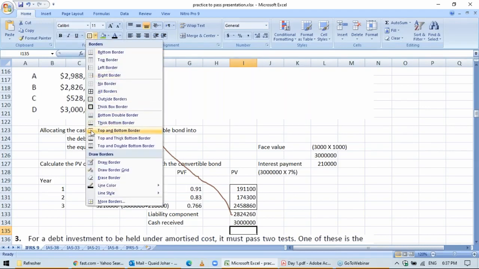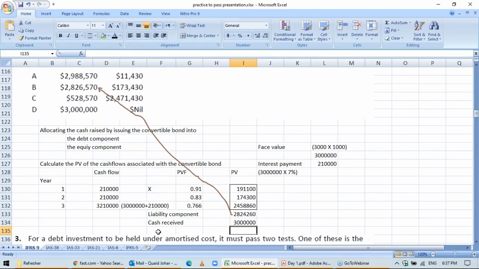So why is the creditor paying more? So it is paying due to the need to receive shares in the future. So he's paying for the shares in the future. So the remaining amount, cash received minus the liability component, will be recognized as equity.